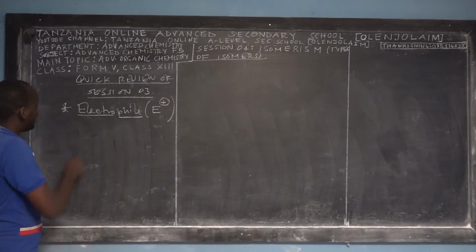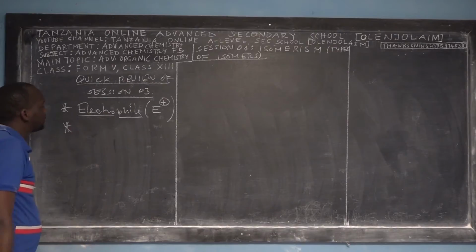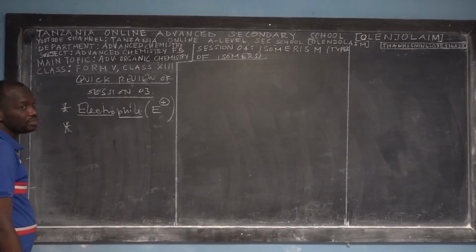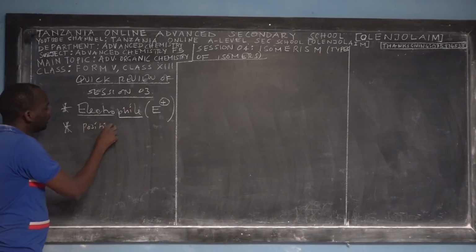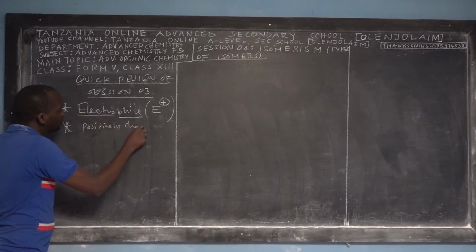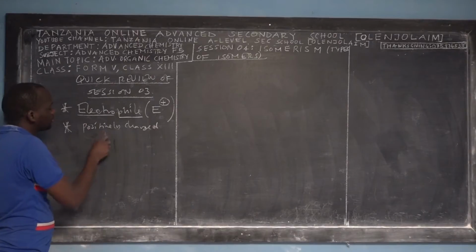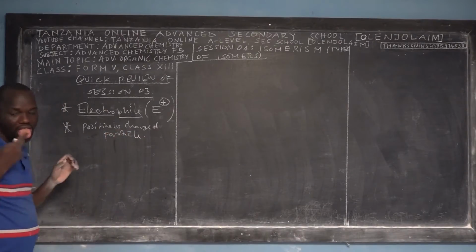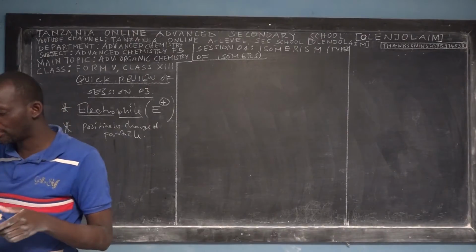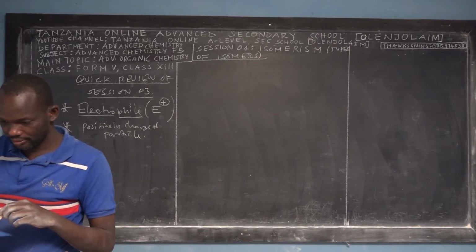Again, we said that we have two types of electrophile. You can have an electrophile that is a positively charged particle, and we have different positively charged particles.